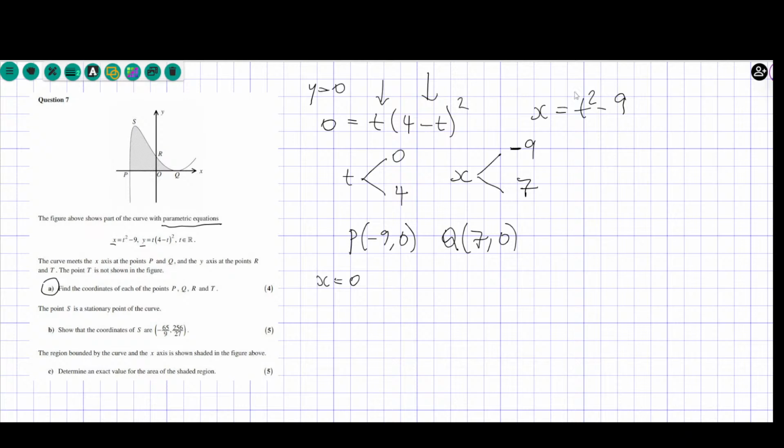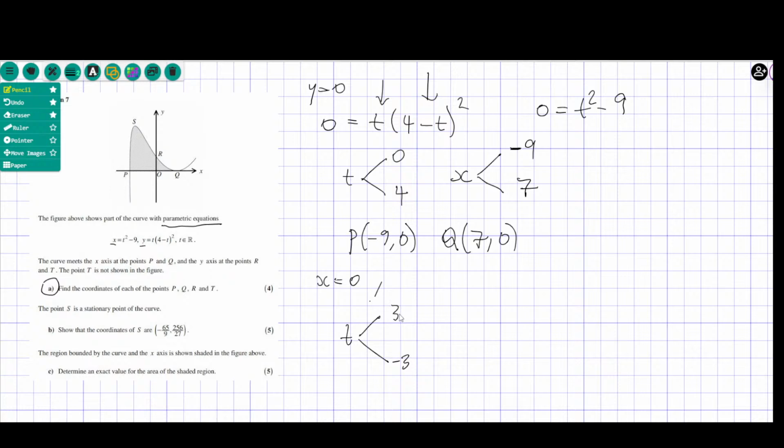I'll rub that out, and that's easier because I really have space and I don't want to run out of space. So when that is 0, we can move the 9 over, as you can see, and we have that t is going to be equal to either positive 3 or negative 3. Positive or negative 3.